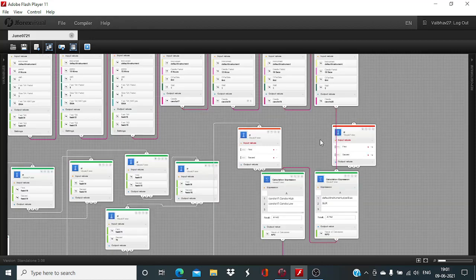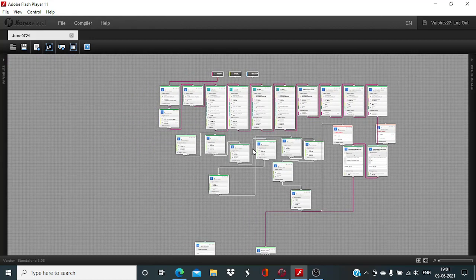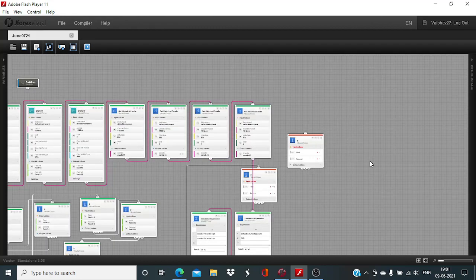Just let me check if we have utilized all the 9 blocks. Yes, we haven't missed out on any condition which should be defined with the stochastic block.